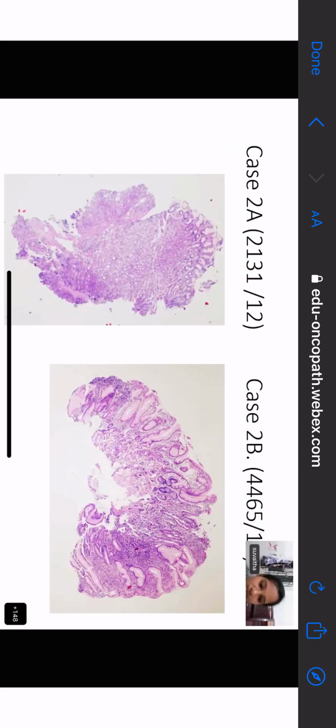In 2A, I could see a fragment of biopsy specimen taken from the gastric mucosa. The mucosa is showing a foveolar epithelial lining with the underlying glands. And on the right side, I can see the foveolar epithelial lining, which is focally ulcerated, and the underlying.